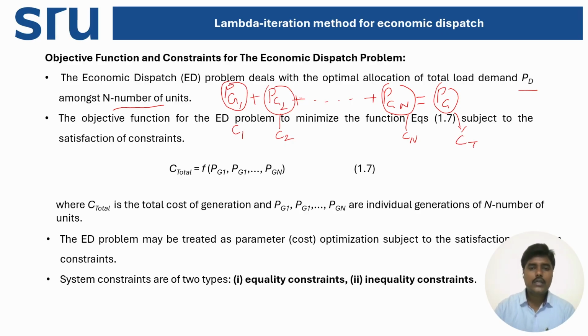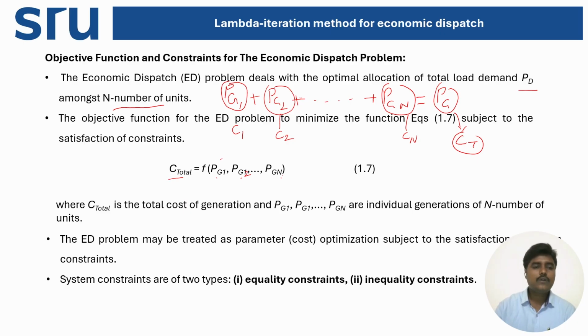So this total cost of generation is basically a function of individual power outputs of each and every generator. That's why it is expressed as C total is equal to a function of Pg1, Pg2 and so on up to Pgn. Now the economic dispatch problem may be treated as a parameter or cost optimization subjected to the satisfaction of constraints.